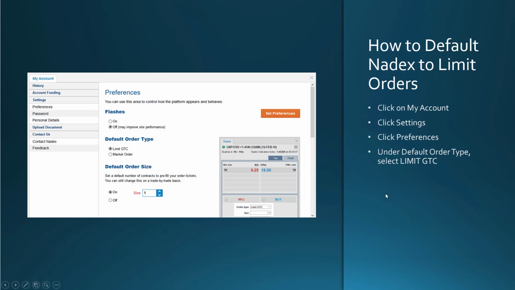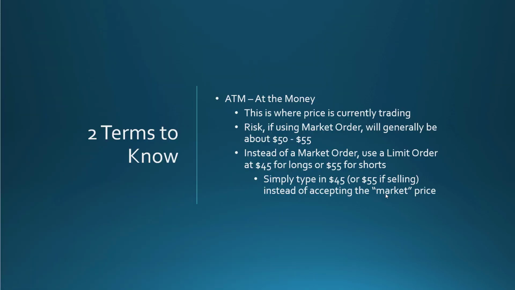Now, the next thing I want to make sure everybody knows is at the money versus out of the money. An at the money binary is where price is currently trading. Your risk, if using a market order, will generally be 50 to 55.